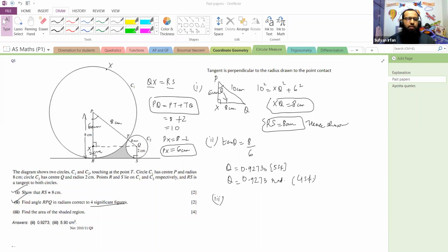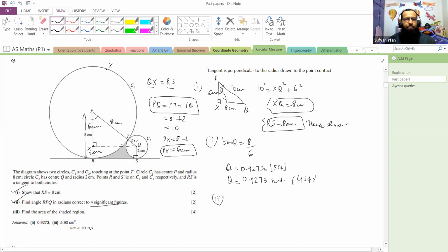So let me solve it. To find the area of the shaded region, what we can do, if for the time being we remove this imaginary line, now look at this figure. What is actually required? Wait, let's bring it back.